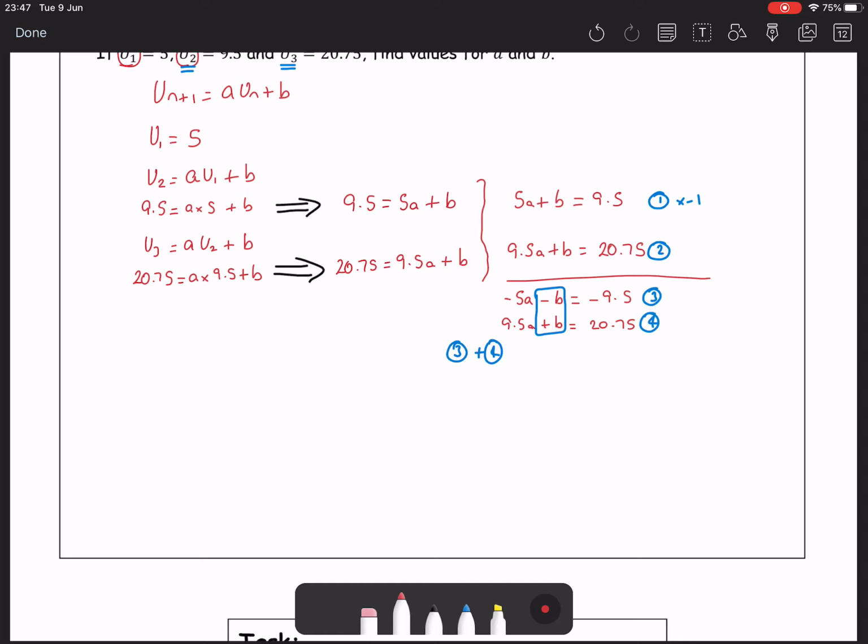So 9.5a minus 5a, however you wish to read it, is 4.5a. The b is eliminated, and we get 11.25 when we add those together or subtract the 9.5.